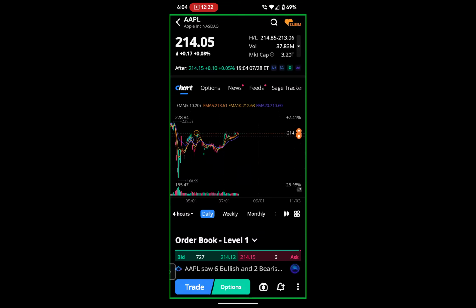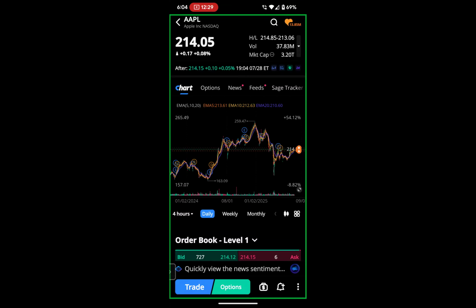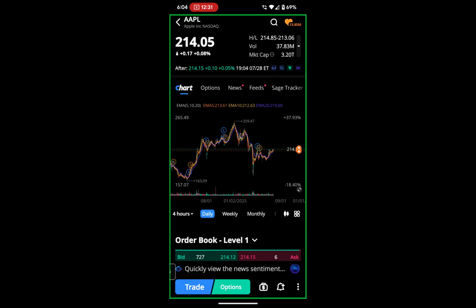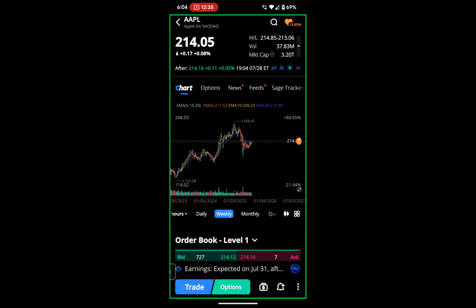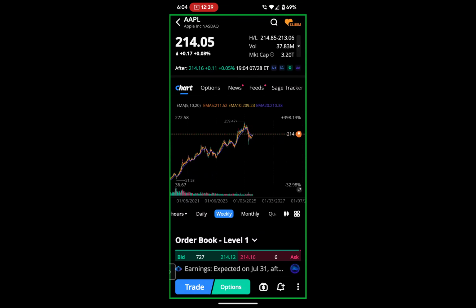So definitely keep your eye out on Apple and the consistent transitions and moves that it's making in the market. It has been moving with great power, and definitely on its way up to greatness.